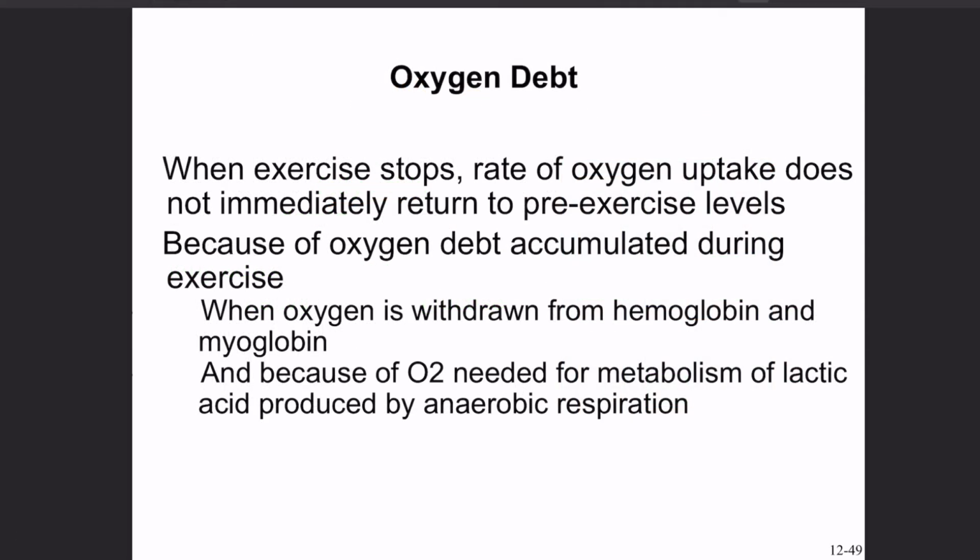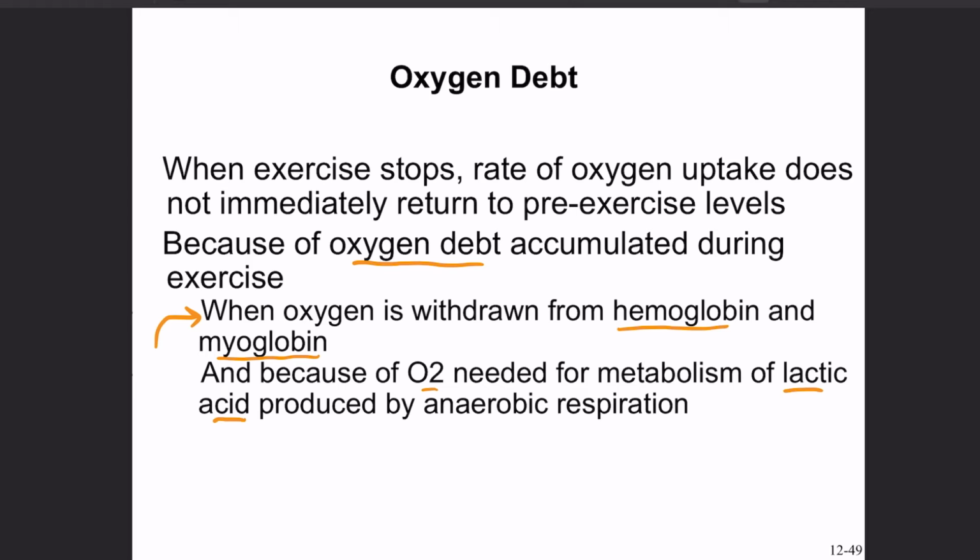When exercise stops, your rate of oxygen uptake actually does not completely go straight to before exercise, and that's because of the oxygen debt that was accumulated during exercise. When we exercise, we know that we have a store of oxygen not only in our blood but also in our muscles, and so when we are finished exercising, we want to restore those, but also because oxygen is required for the metabolism of lactic acid.